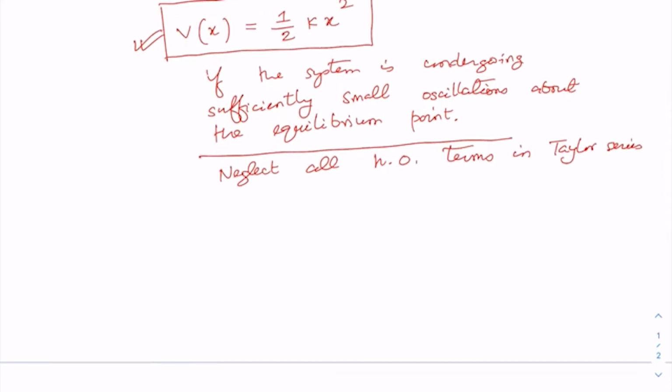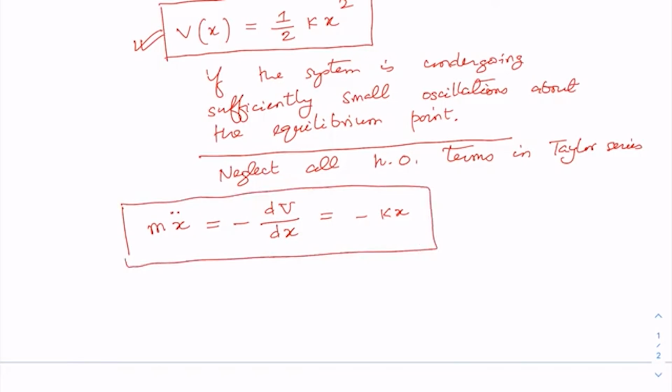In fact, if I write down the equation of motion for the one-dimensional case, the force is equal to mass times acceleration, so m x double dot, and that is equal to the force, given as minus dV/dx, which gives us minus kx. So this is what Newton's second law gives us.